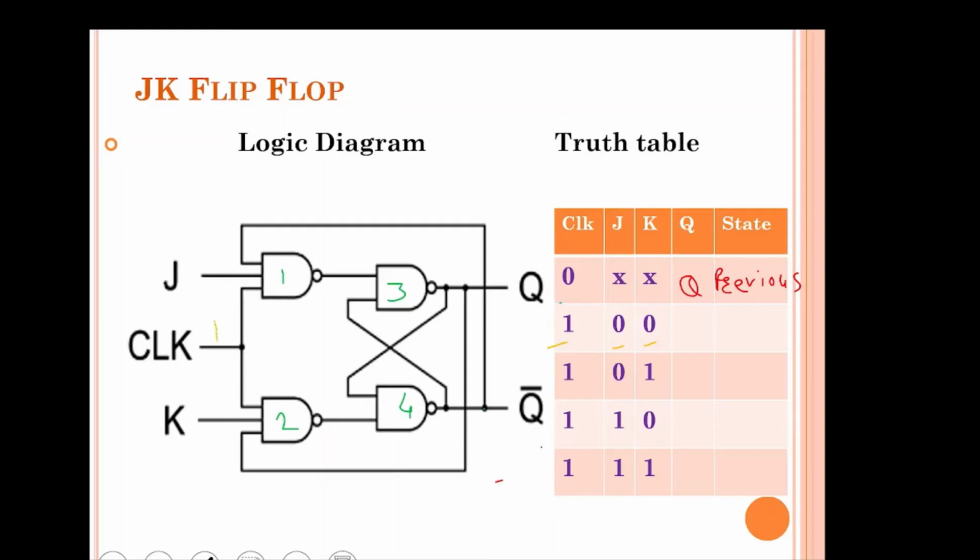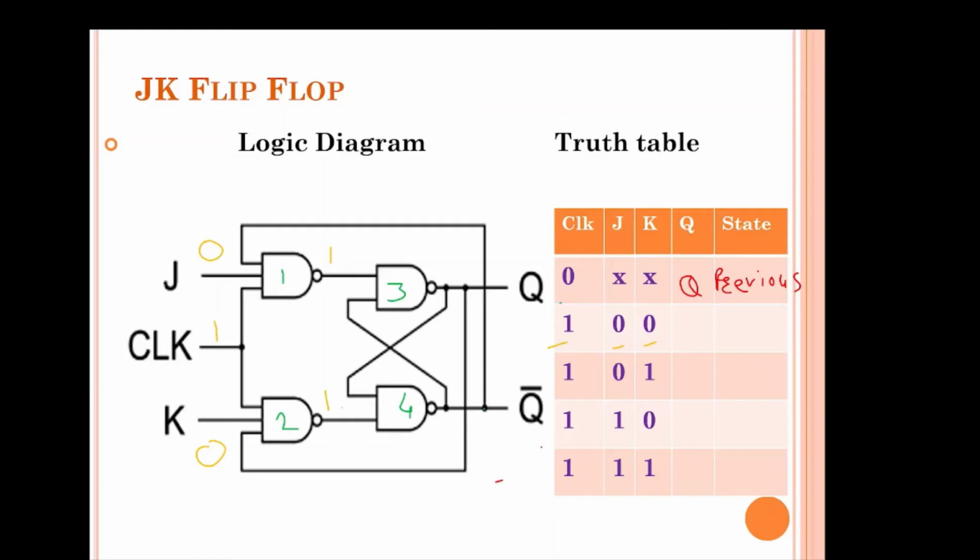Clock is 1, J is 0 and K is also 0. Now in this case also, the output of the first and second NAND gate will be forced to be equal to 1 because one input of each NAND gate is 0. This J is 0 and K is 0. Both the NAND gates will produce the output 1.